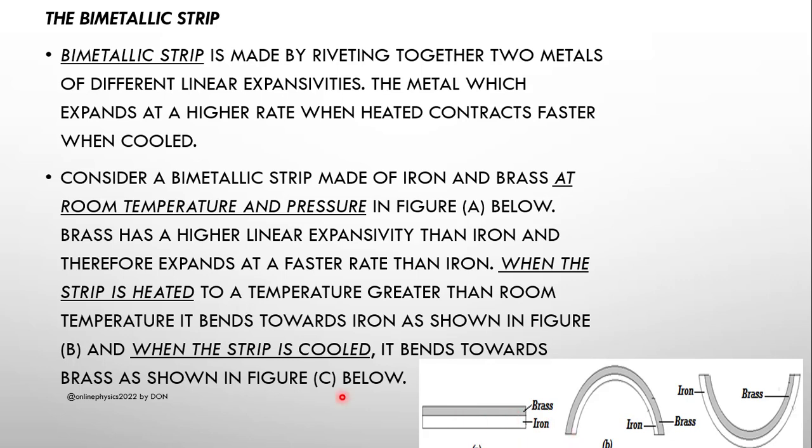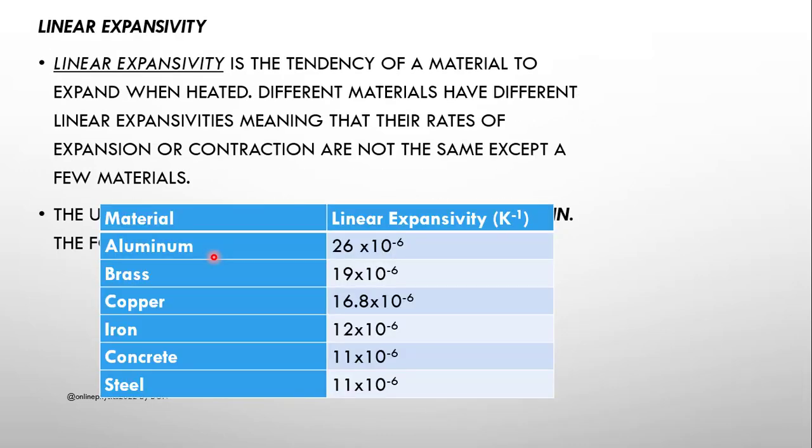There is nothing that has taken place. But now we are saying brass has a higher linear expansivity than iron. I believe we had seen that from the table here. Brass is at the second position here. It has a higher linear expansivity than iron, which means when heated, brass expands at a higher rate, or faster, than iron. Then definitely when cooled, brass contracts faster than iron.